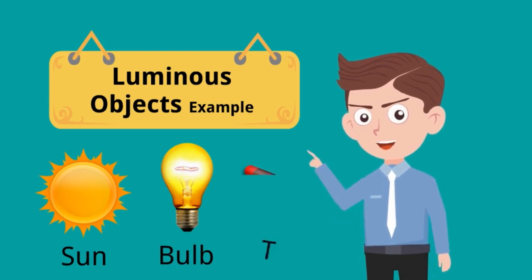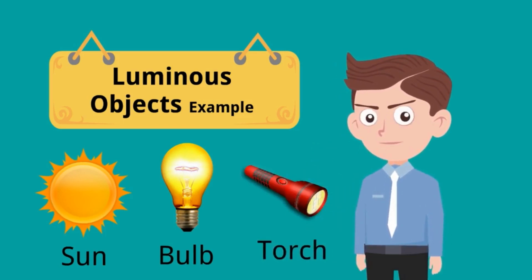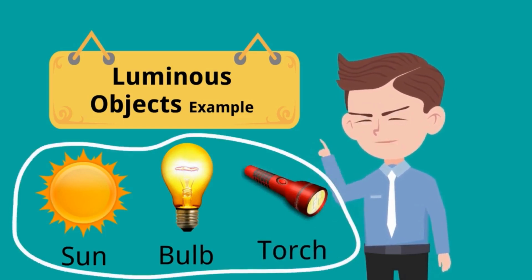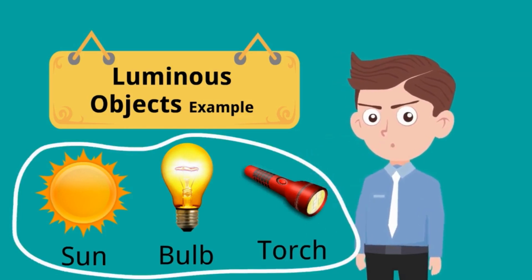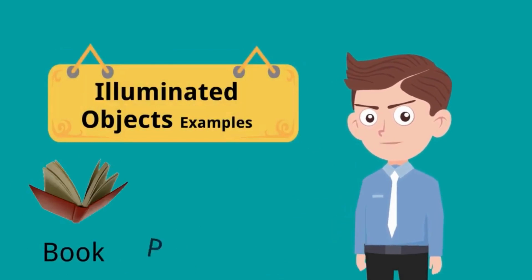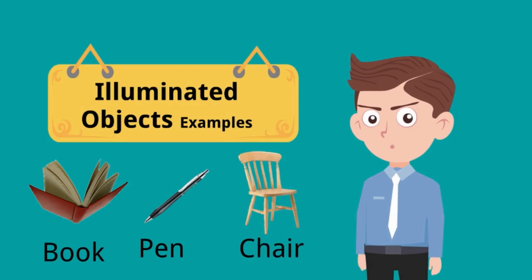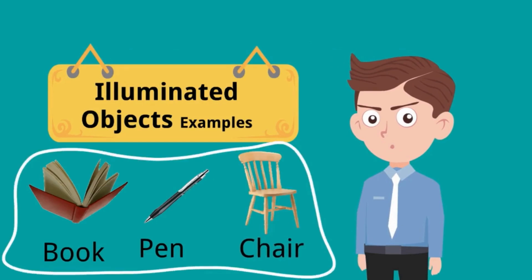And in the same way, a torch gives light, so a torch is a luminous object. And illuminated objects, for example a book or pen or chair or stones, anything which cannot produce light but is only able to reflect, are known as illuminated objects.